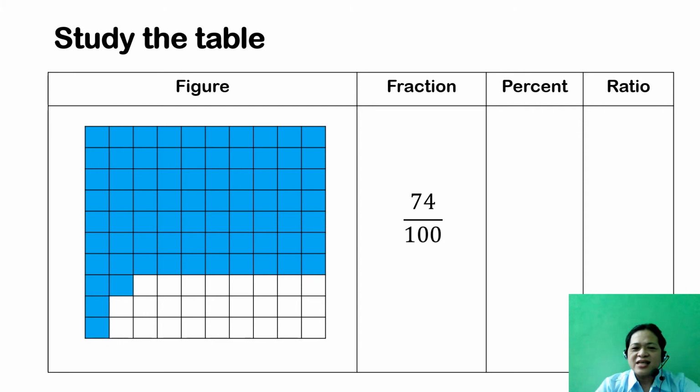It is 74 over 100. How will you write it in percent? Yes, very good. It is 74%. And in ratio form, that's it. 74 is to 100. Did you get it?